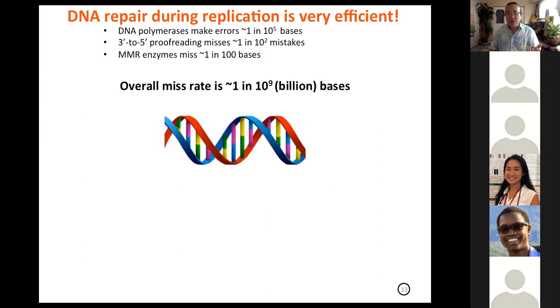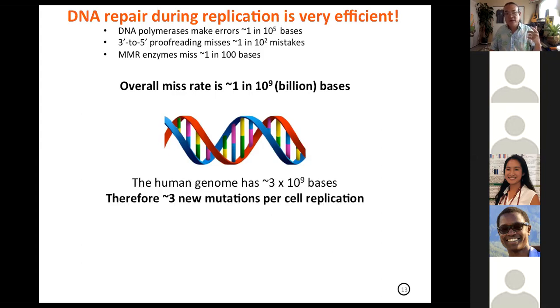Because the human genome has about 3.2 billion base pairs. So that means with every cell replication that takes place, your genome is going to get 3 new mutations in those daughter cells that weren't in the original cell that divided.